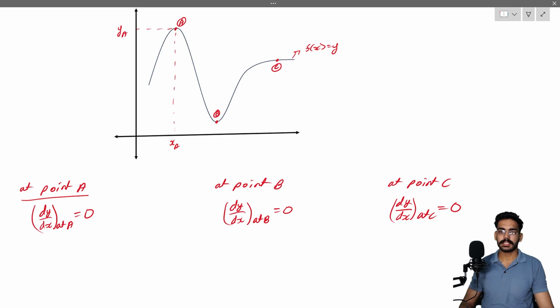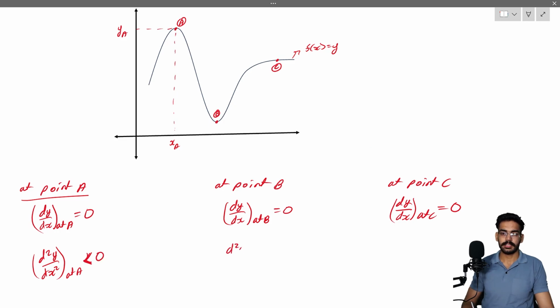Now as we discussed in the previous video, at a point where the curve is downward facing, the second derivative d2y by dx square will be negative. So at the maxima, the point a, d2y by dx square is going to be negative.